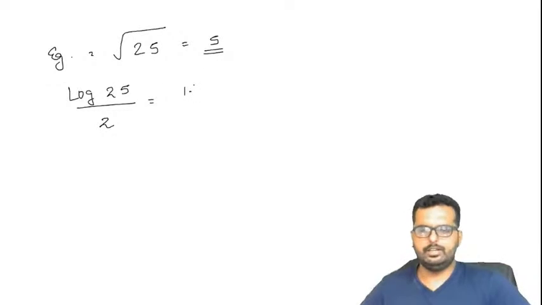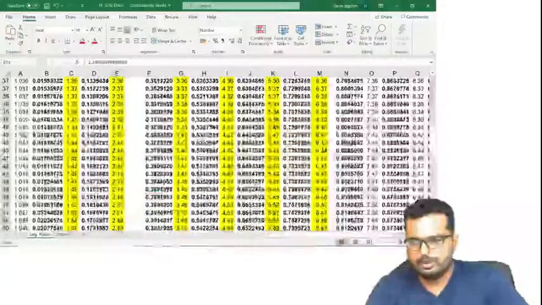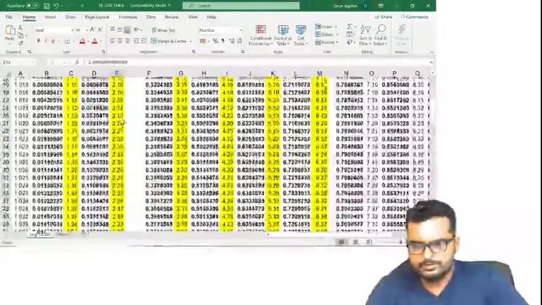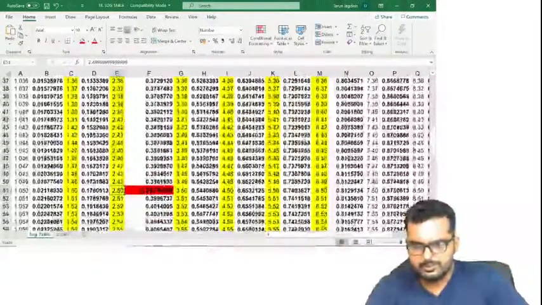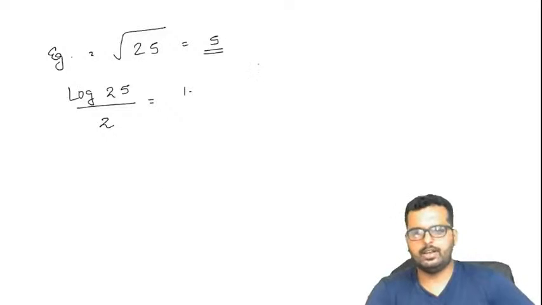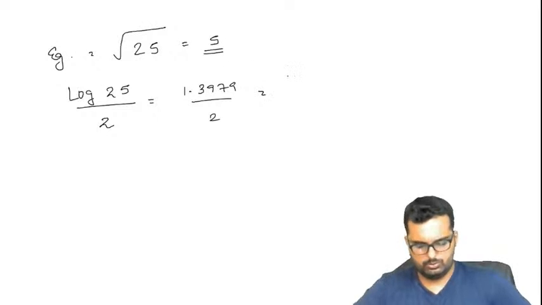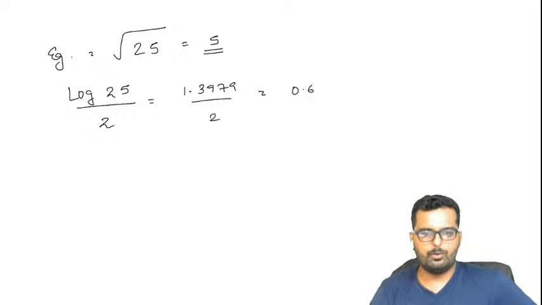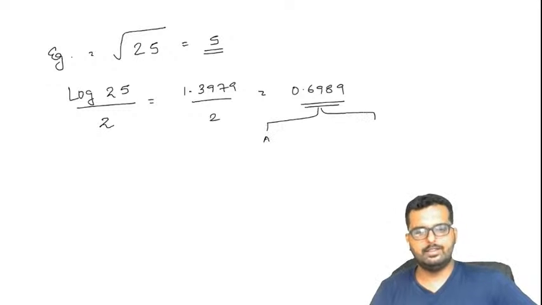characteristic will be 1 point, mantissa will be for 25. Can you search for 25? 25 will be 0.3979. I will now divide it by 2. 1.3979 divided by 2, I'll get the answer as what? 0.6989. Okay. This has got two parts, characteristic and the other one is mantissa.